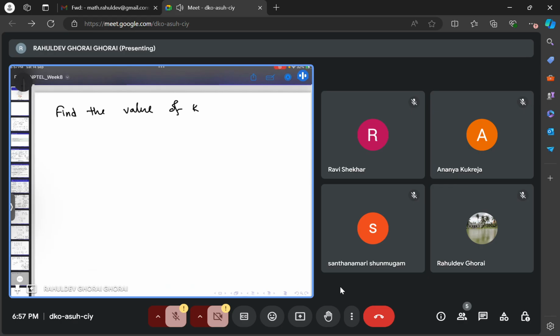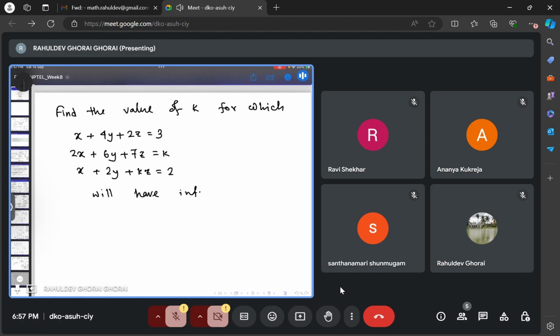So I'll give one question: find the value of k for which the system x plus 4y plus 2z equals 3, 2x plus 6y plus 7z equals k, and x plus 2y plus kz equals 2 will have infinitely many solutions.